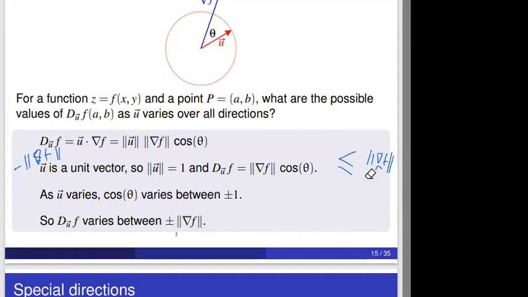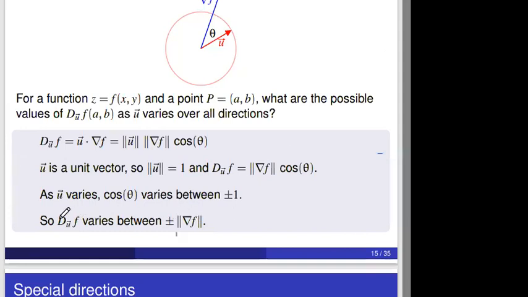I hope this makes sense, because of that dot product, and u is a unit vector whose magnitude is 1, and you know the range of the cosine function, between -1 and +1. So the directional derivative is bounded by the magnitude of the gradient of f. Does it make sense?